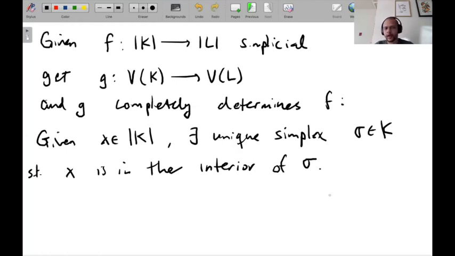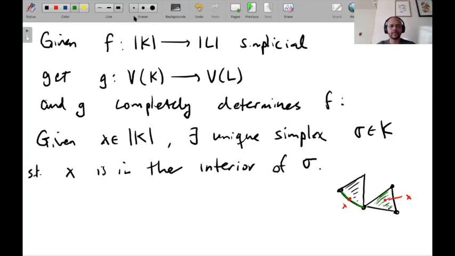So, as an example, if here's x, then, well, the unique simplex, let me draw a little bit more simplices here. So here x is in this unique one-simplex. If instead we chose x to be inside here, then the unique simplex would be the one spanned by these three vertices.